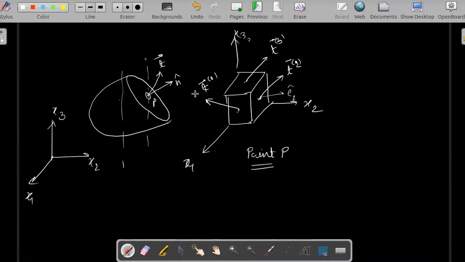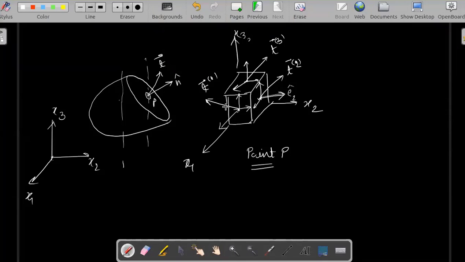If I consider this traction vector, I can decompose it into three components. One component will be along x1, another along x3. This is the normal component, and then we have the shear component. Since it is three-dimensional, we will have two components of the shear component, and similarly along x2, x3, x1 for the other planes.